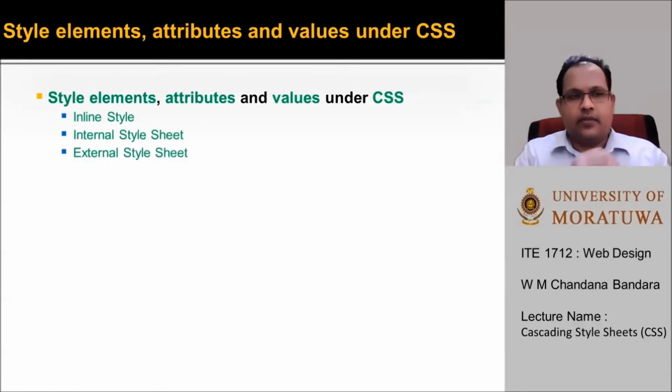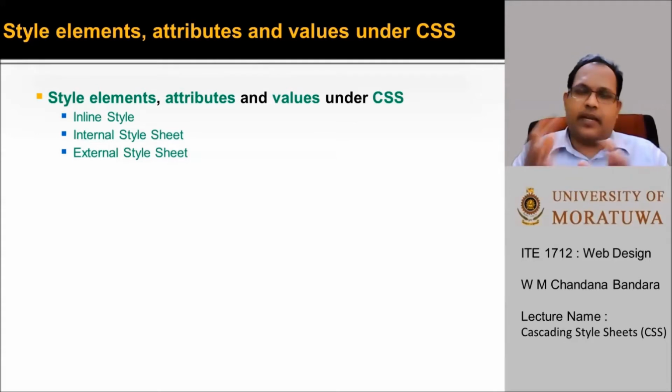So when it comes to cascade style sheets, there are three ways that we can apply these into a web page or a website. The first way is the inline styles. If you remember, there are many HTML tags we can make use of when we develop a web page or a website.